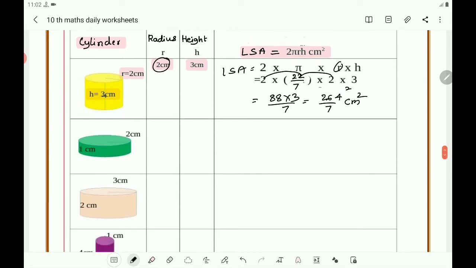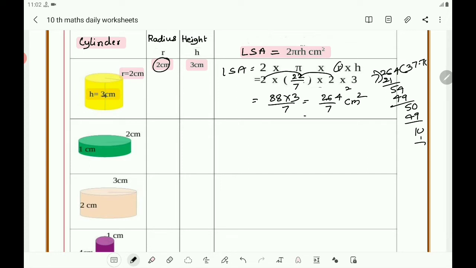Next, here you can divide 264 by 7, and convert this into decimal. If 264 is divided by 7, 7 3s are 21, 5 is remaining, 4 you take, 7 7s are 49, 5 is remaining, take point and put 0, 7 7s are 49, 1 is remaining, 1 you can write, 7 1s are 7.